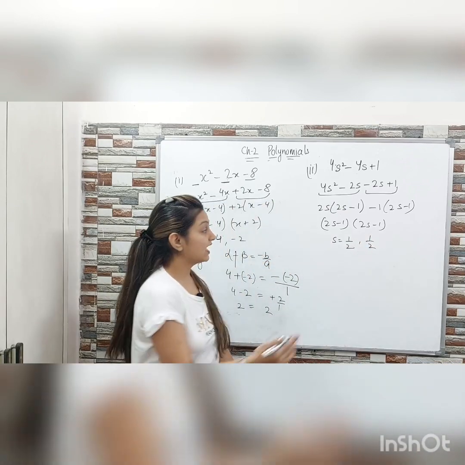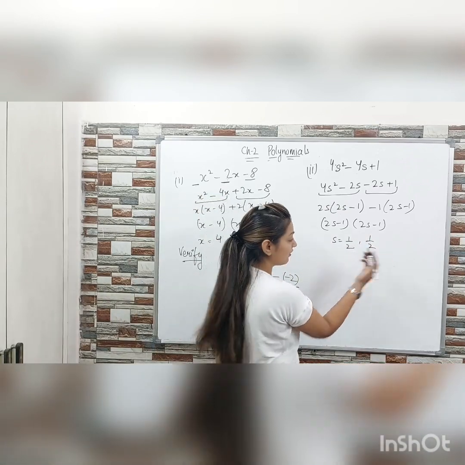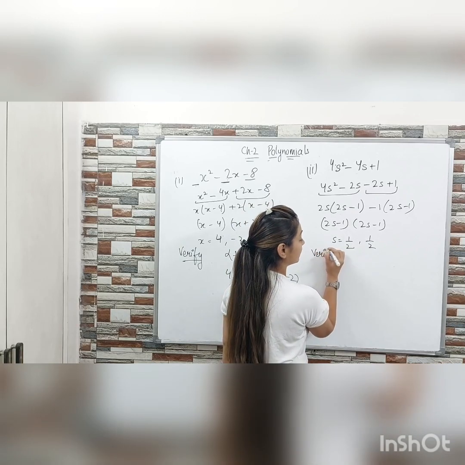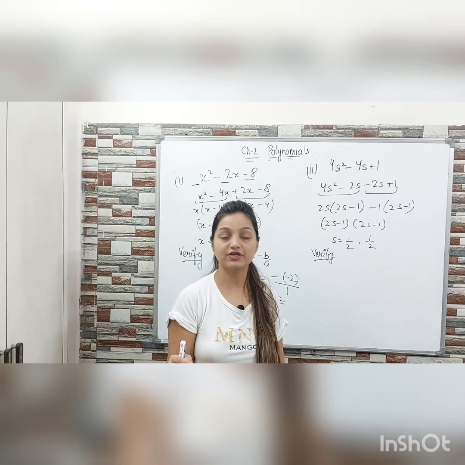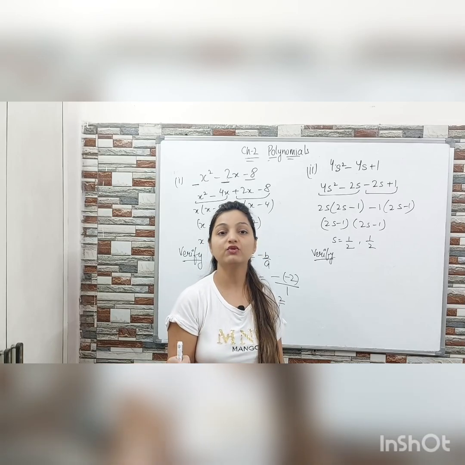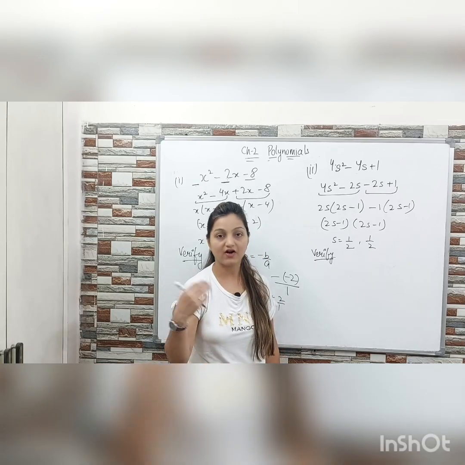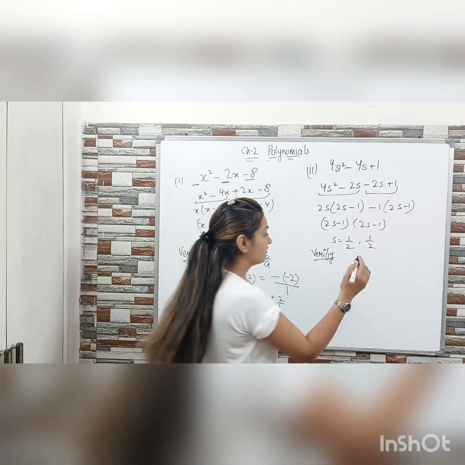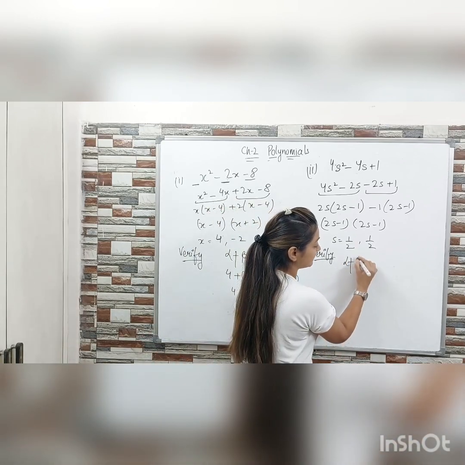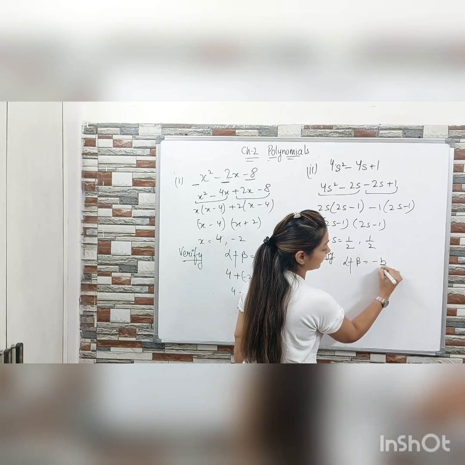Now again I have got alpha and beta, and now I will verify. We can do the verification for the satisfaction that the answer is correct or not. Alpha plus beta is minus b upon a.